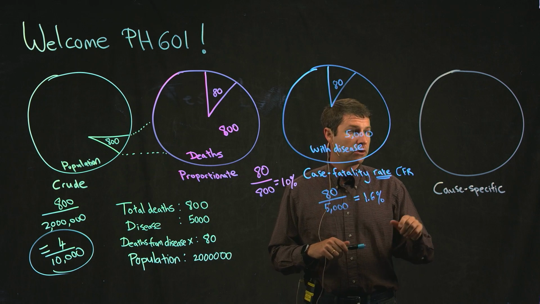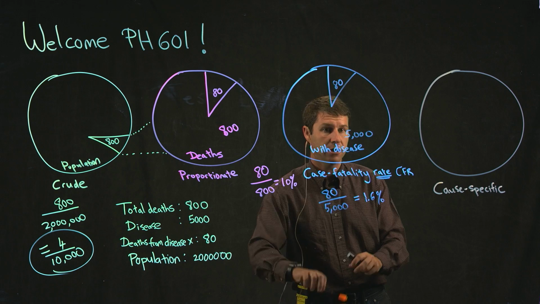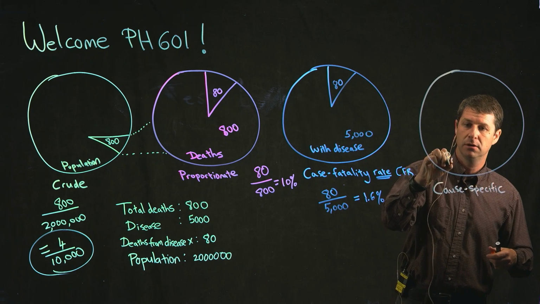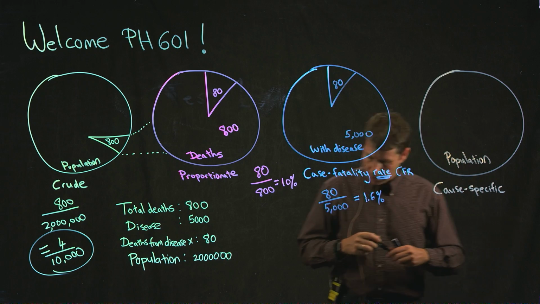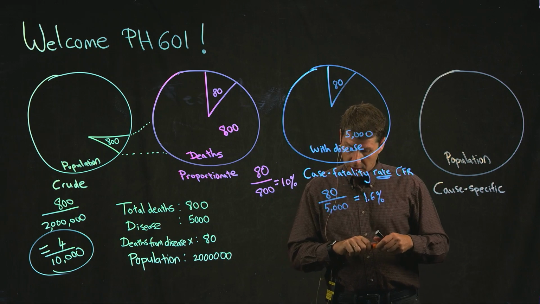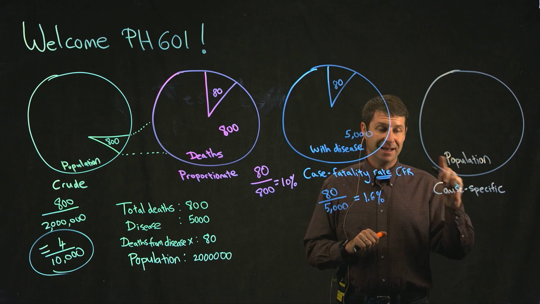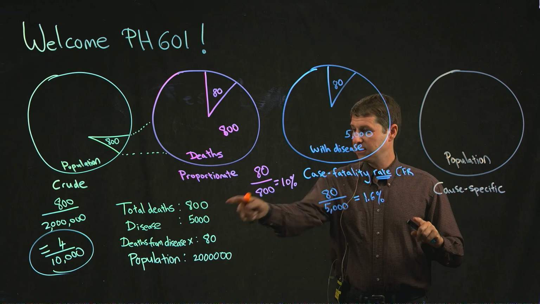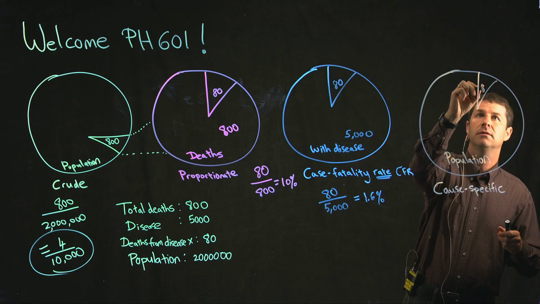So in this case, we're going to calculate the burden of disease on the whole population. So our circle, again, is our population. And if you look at the whole population, we're just going to have a small wedge that's due to that disease. So in this case, we're interested in the deaths from a particular cause, in this case, our disease X. So same wedge again.